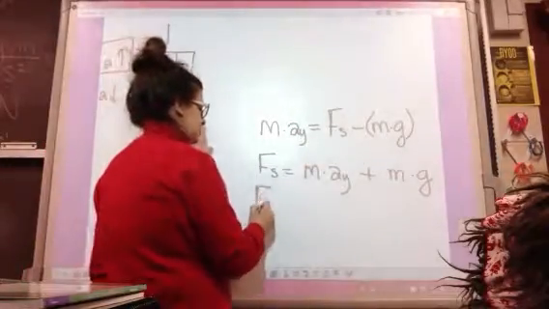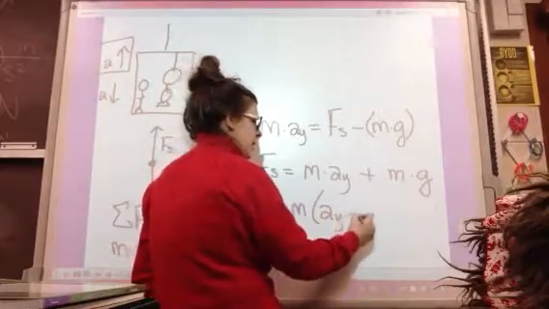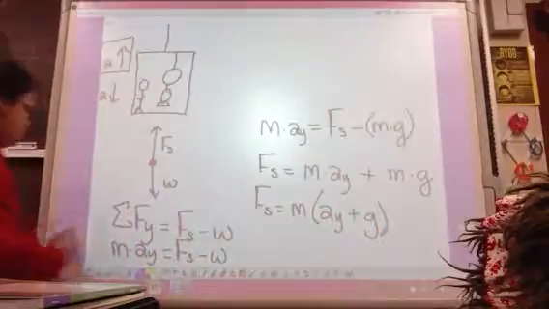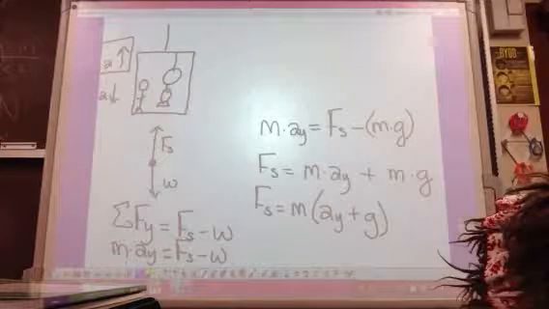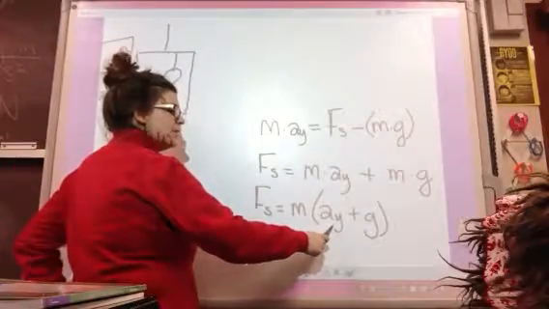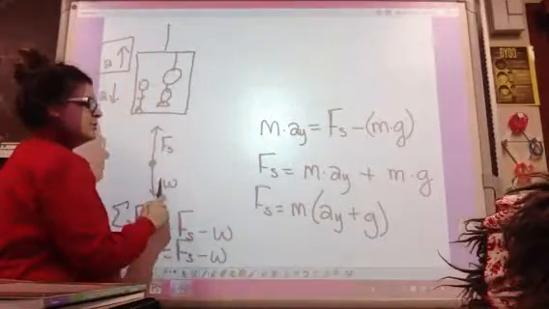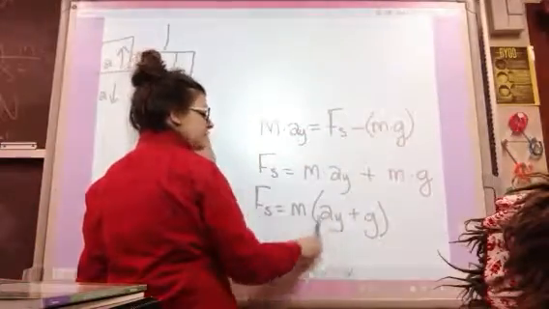Okay, which really means that would be the same thing as m times (ay plus g). So there's my general equation for my spring force. So if the elevator is moving upward, then this acceleration is going to be positive, right? So if the acceleration is moving upward, this is going to be a positive quantity.